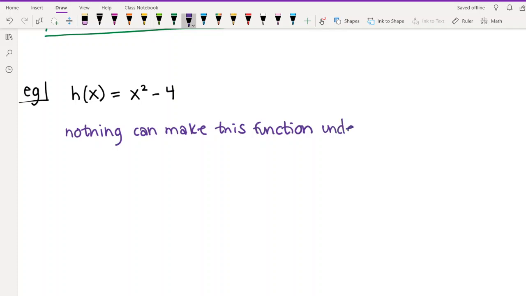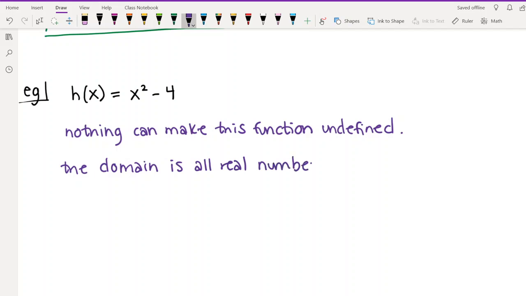And so there's no issues with this function. And so basically that means that the domain is all real numbers. And how do you write all real numbers as an interval? Well, it's just -∞ to +∞, basically just saying the entire number line.